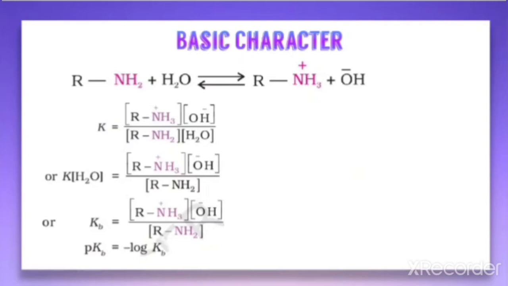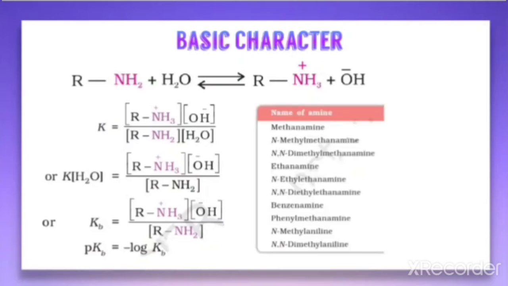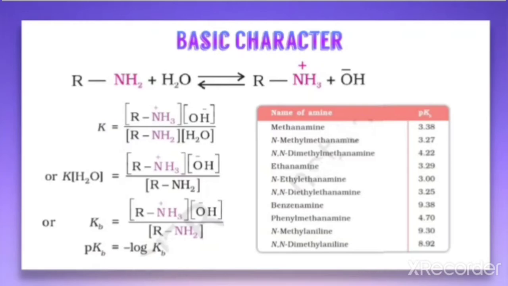When we list out some organic compounds and find their pKb values, which are given in the textbook in tabular form, we can say that the one with the lower pKb value is more basic. When you compare the first one, methanamine, the pKb value is 3.38. But for the last example, N,N-dimethylaniline, the pKb value is 8.92.